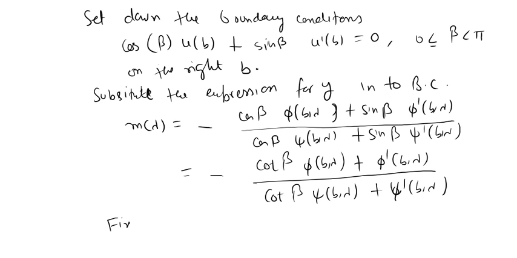Okay, so fix lambda and b and set z equal to cot of beta in this expression. Then we write m in terms of the variable z, and z can be a complex number. So you can write simply m equal to minus az plus b upon cz plus d.